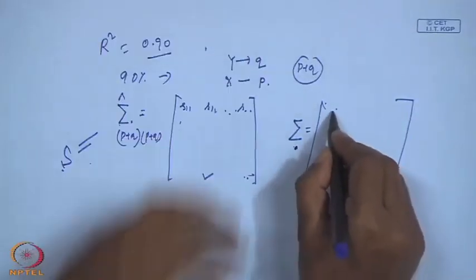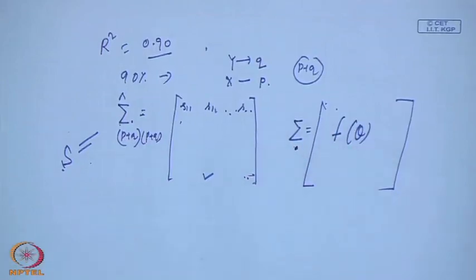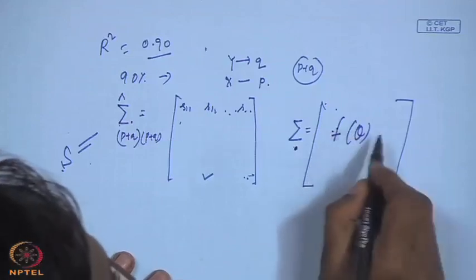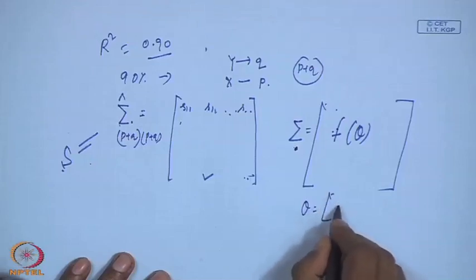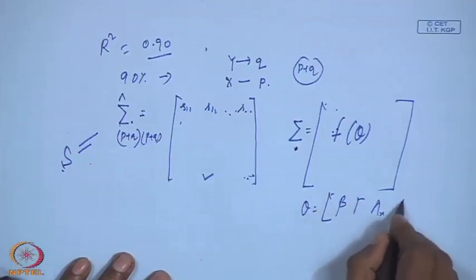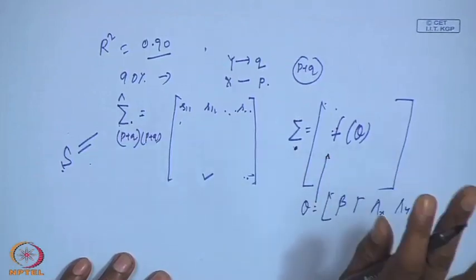So they will be functions of theta. What I mean to say is that, in a nutshell, we can find theta. I am talking about beta, gamma, lambda x, lambda y, like this. It is possible to frame this.